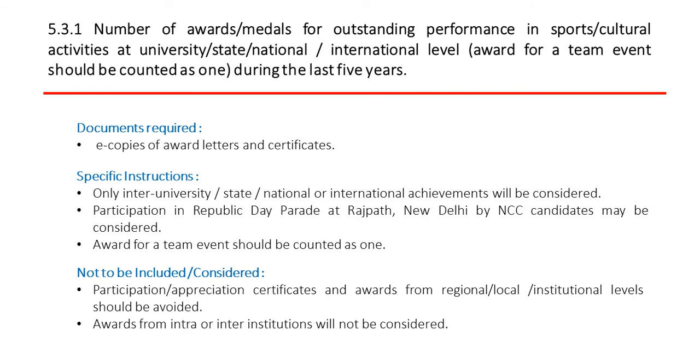Award for team events should be counted as 1. What should not be included or will not be considered by DVV in this metric is participation or appreciation certificates and awards from regional or local or institutional levels should be avoided. Awards from intra or inter institutions will not be considered in this metric.